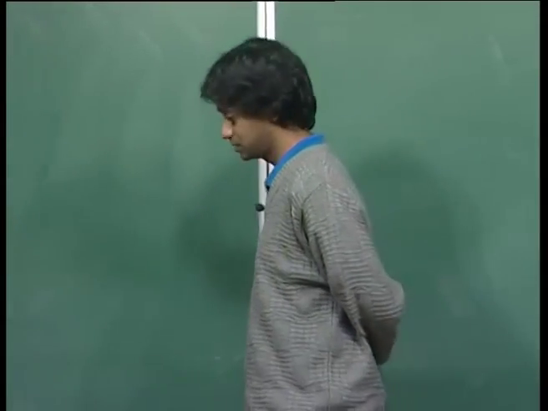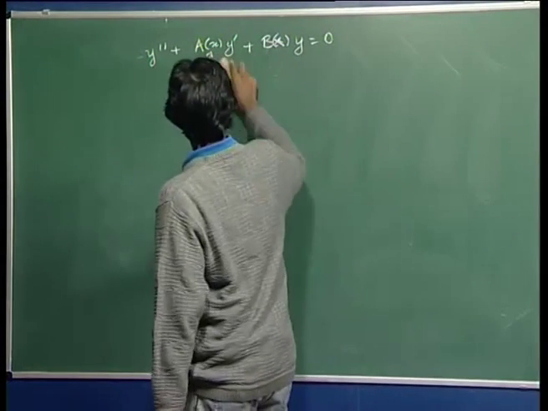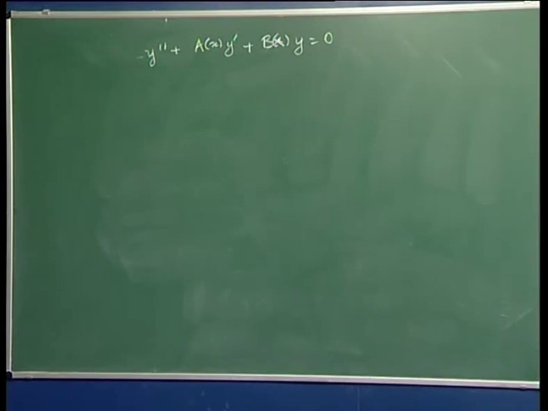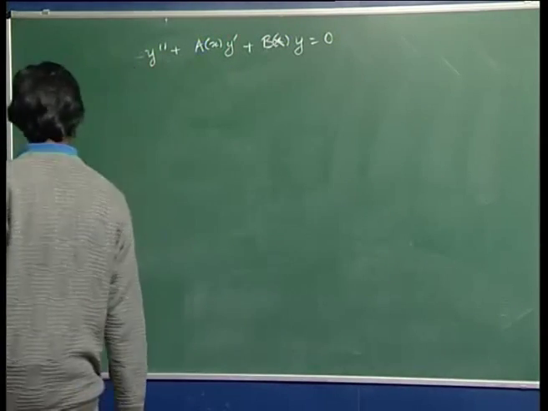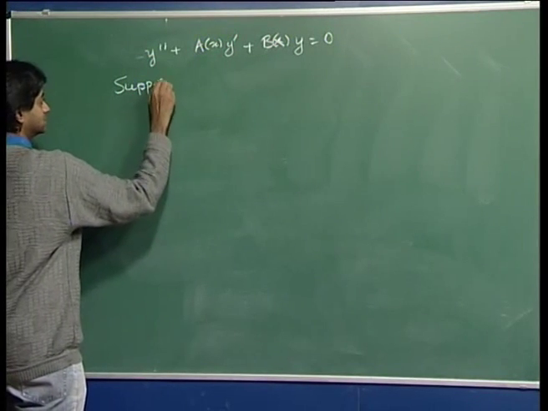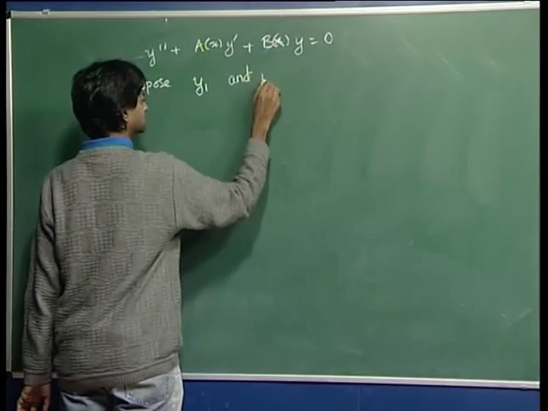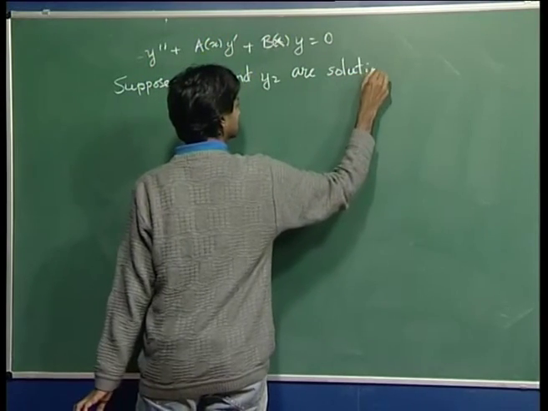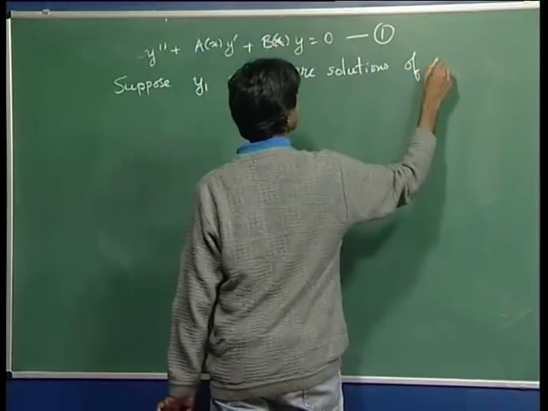Now let us go to certain properties of the solutions. The property of the solutions that we are most interested in is the following. I will call this equation 1.